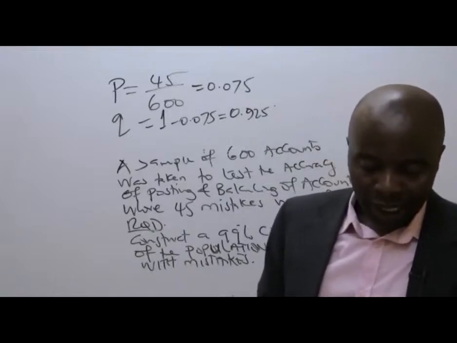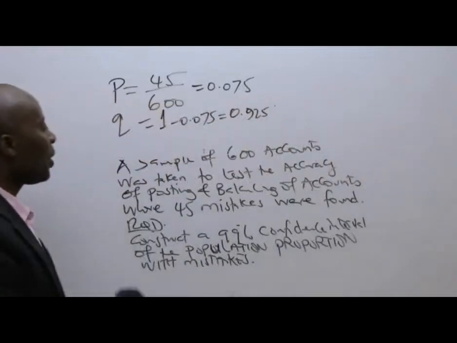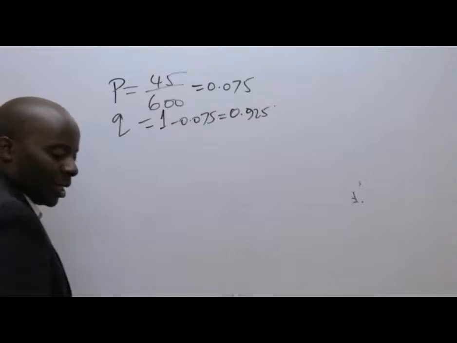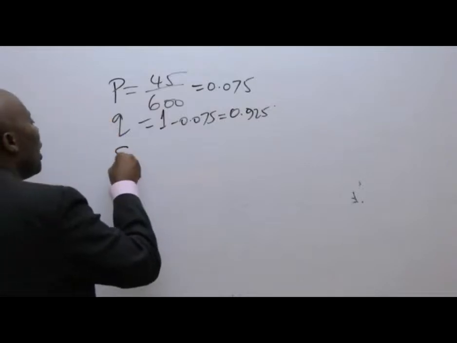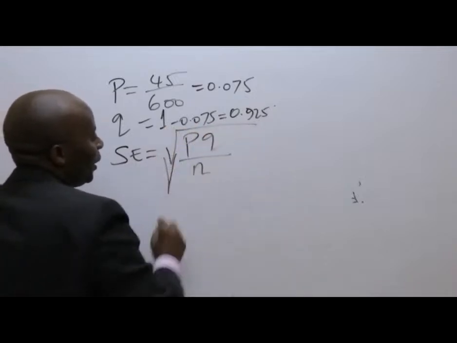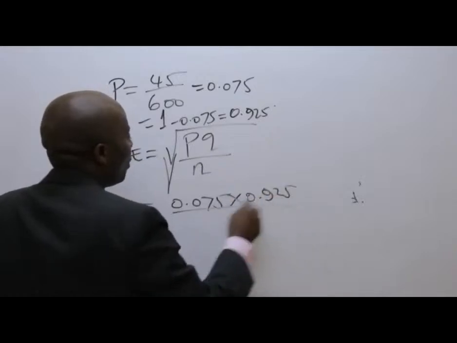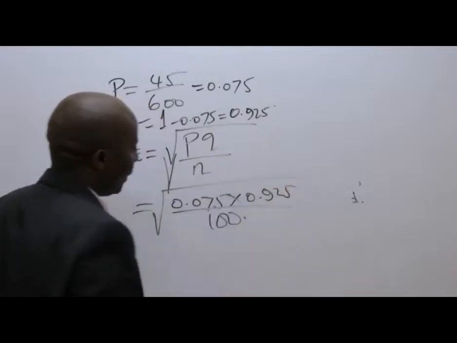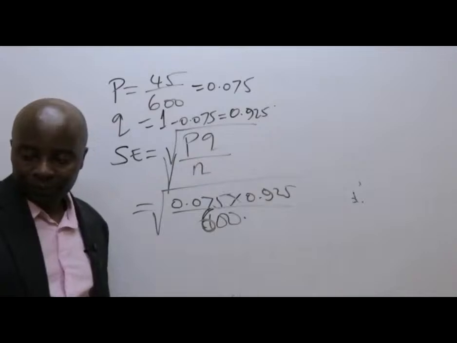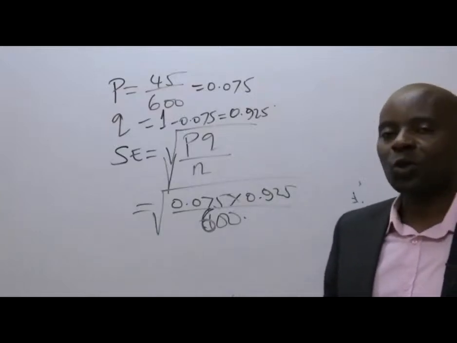Who is able to calculate that standard error for us? In the case of proportions, our standard error will be obtained by multiplying 0.075 times 0.925, and whatever we get, we divide by N. We sampled 600 accounts, so our N is 600.